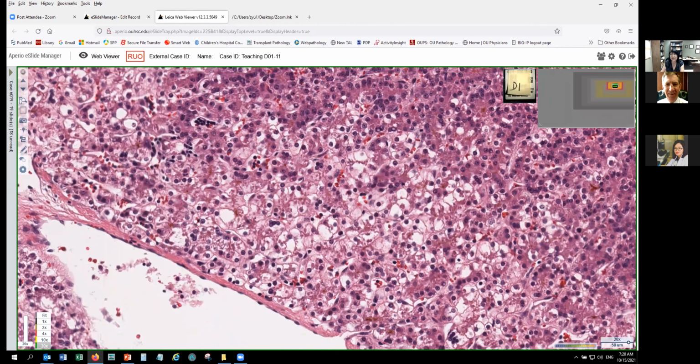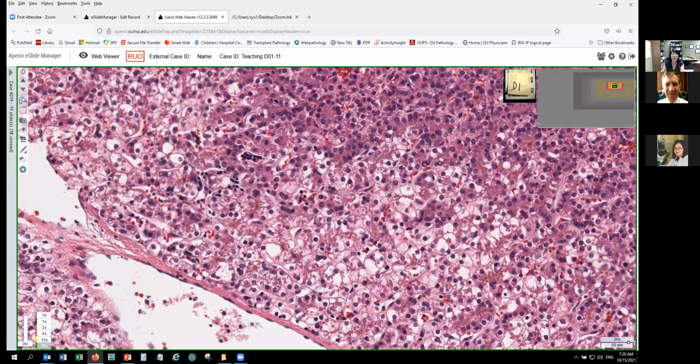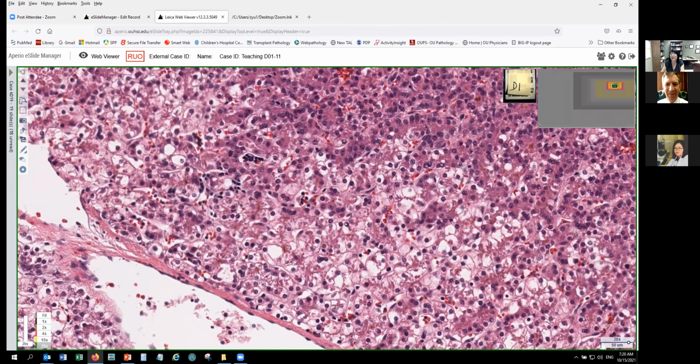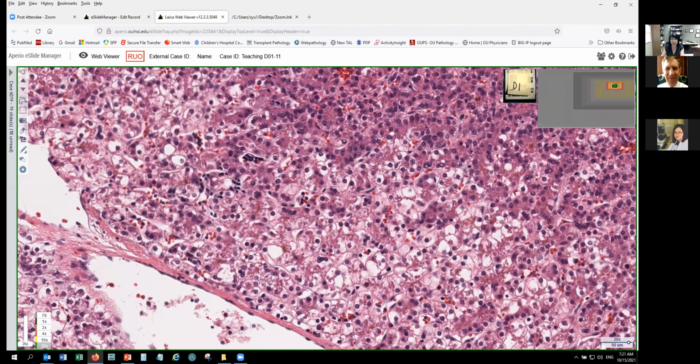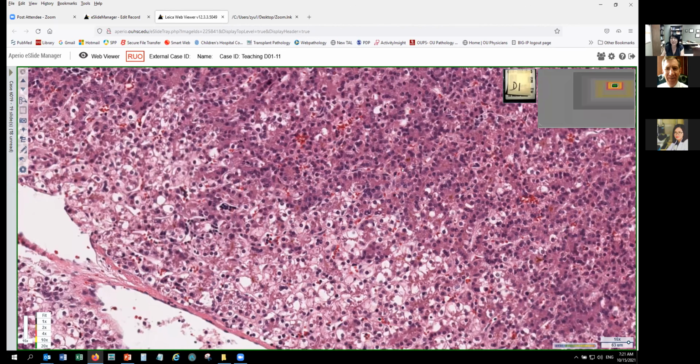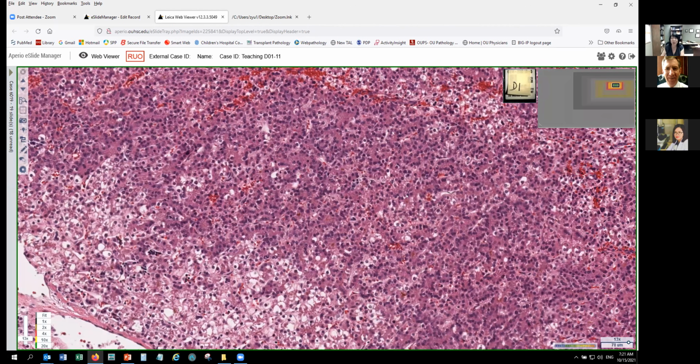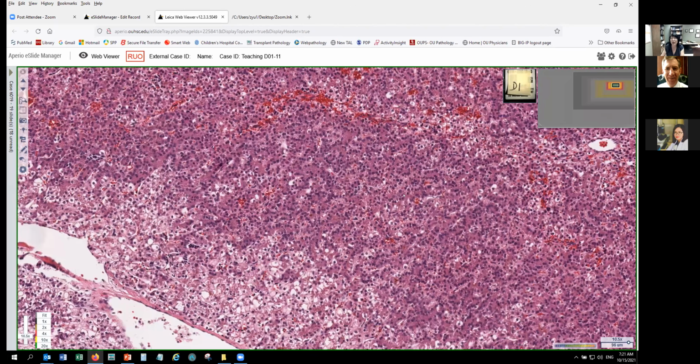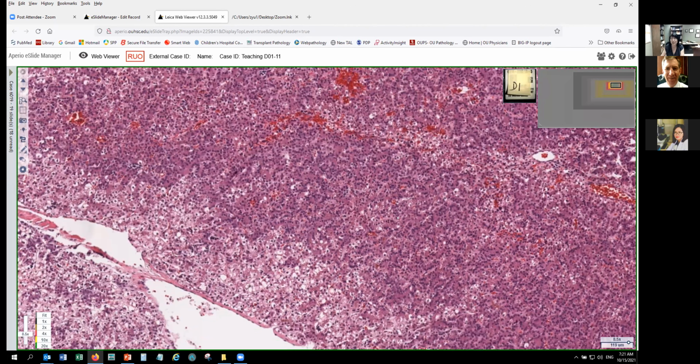Same thing in the light area: epithelial cells with a clear cytoplasmic border, arranged in cords with some pseudoacinar change. In the background, you can see some extramedullary hematopoiesis. Everything looks like fetal liver cells, but we do not see a normal portal tract, so architecture-wise this is not normal liver.